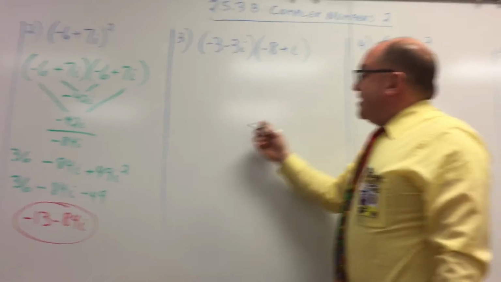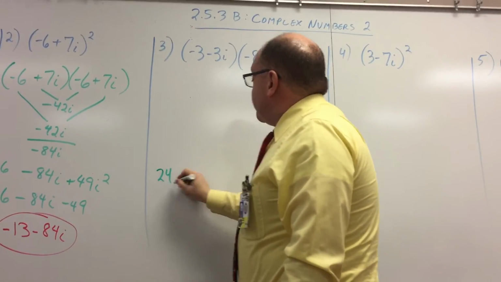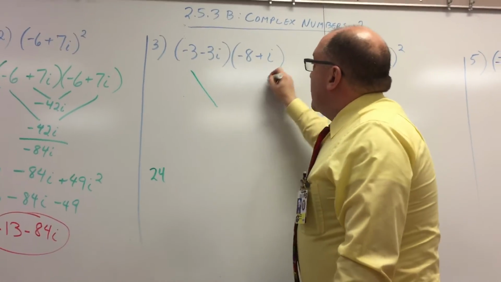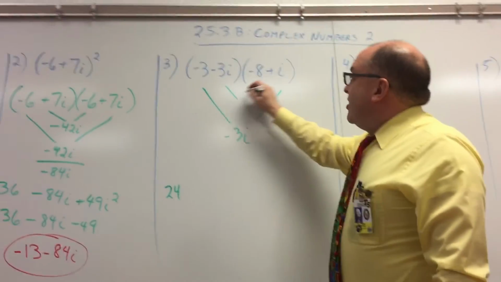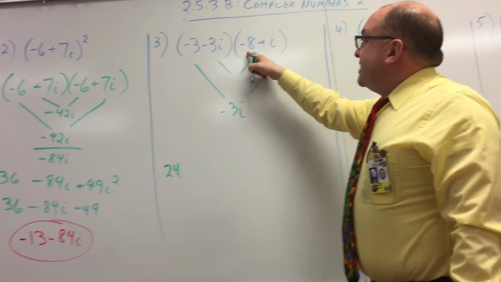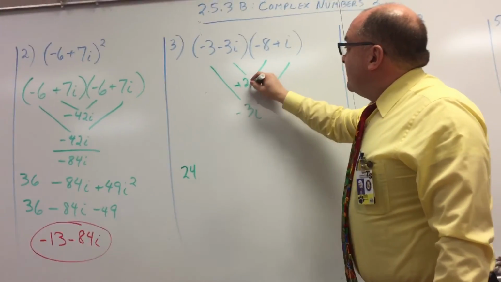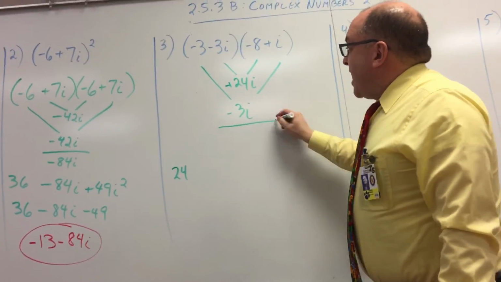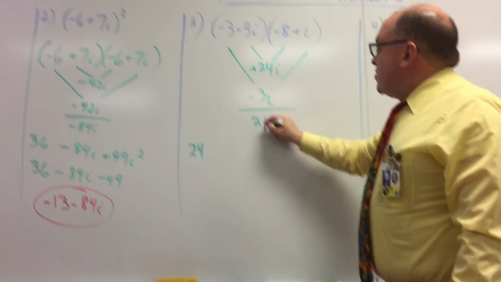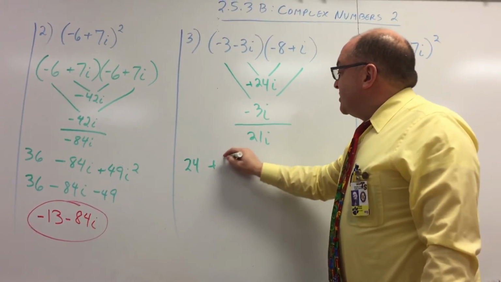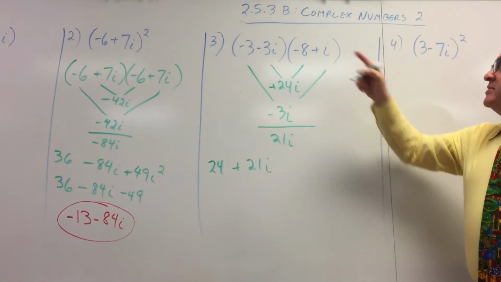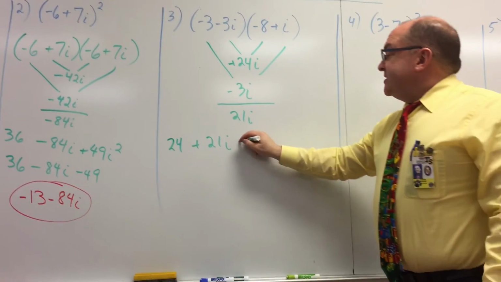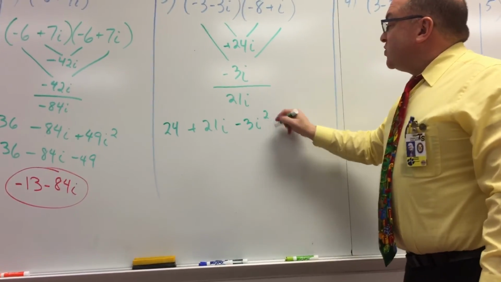All right. First, -3 times -8 is positive 24. Outer. -3 times i is -3i. Inner. -3i times -8 is positive 24i. Add them together, you get positive 21i. Okay. Plus 21i. Last, -3i times positive 1i is negative 3i squared.